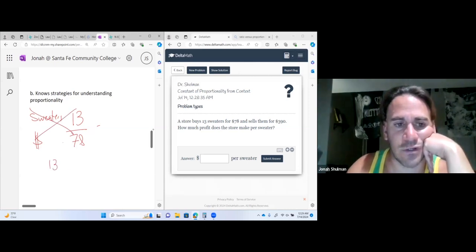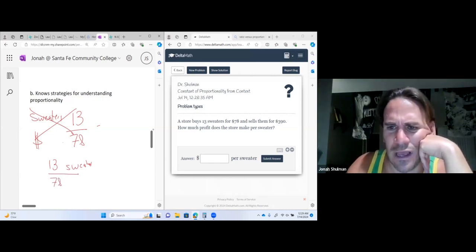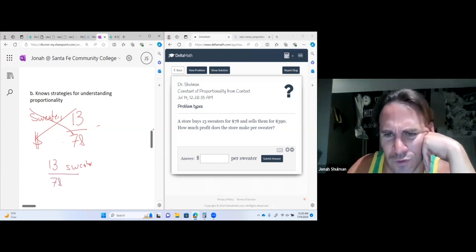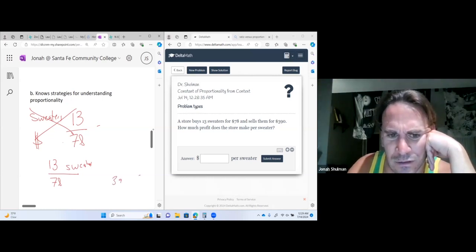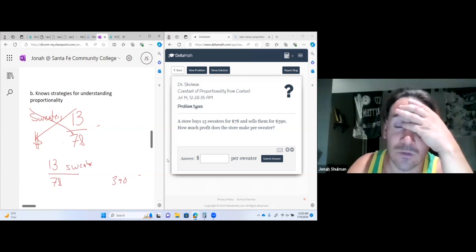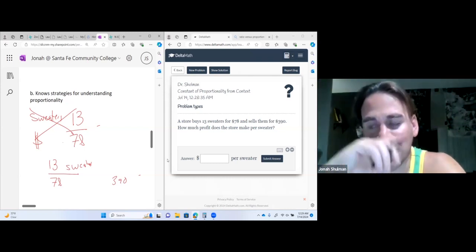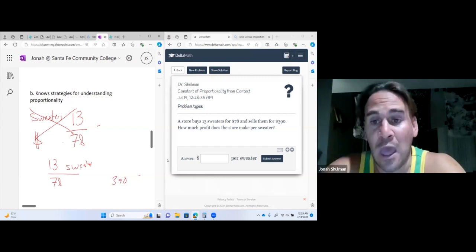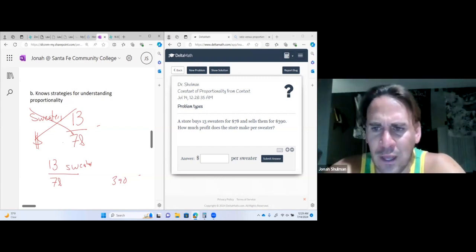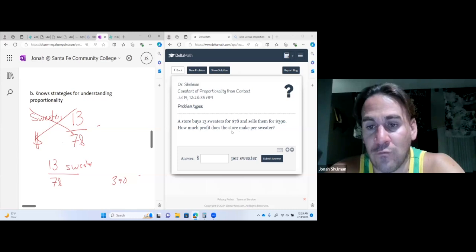So we have 13 sweaters and we got them for $78, and we sell them all for $390. We want to know how much profit the store makes per sweater. So we have to figure out some sort of value here, and then we have to figure out the profit per sweater.